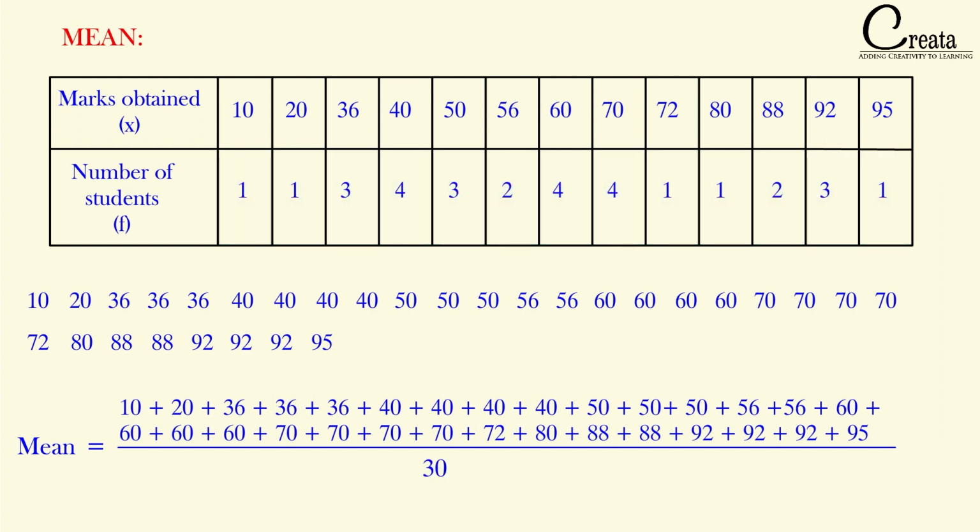So if we add all these numbers and divide by the total number of students, we get the average, which is 59.3. That is the mean of this number series. So we can say the mean of this table is 59.3. Got it? This is the basics of the mean, that is, the average of the number series.